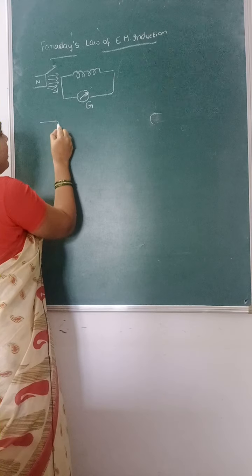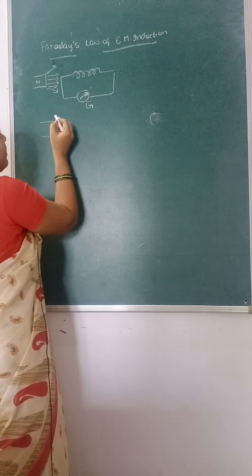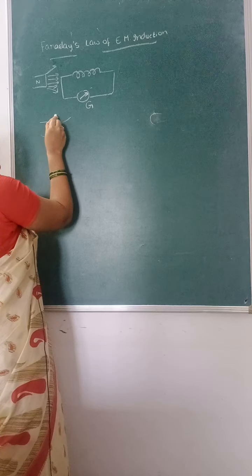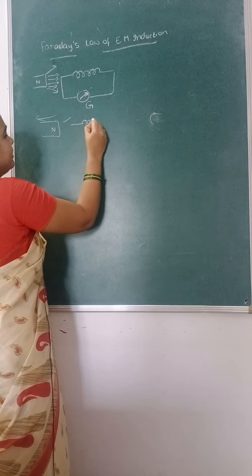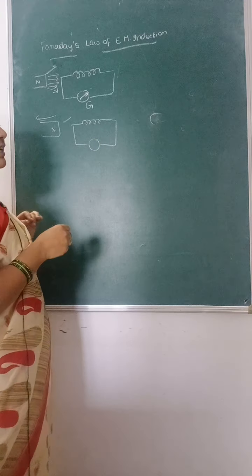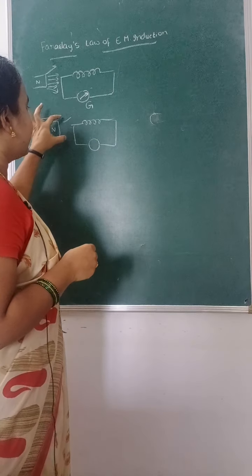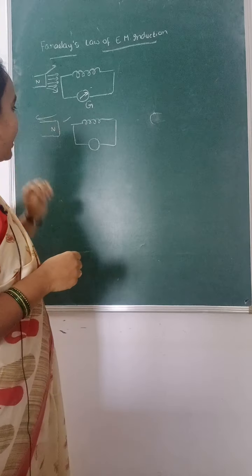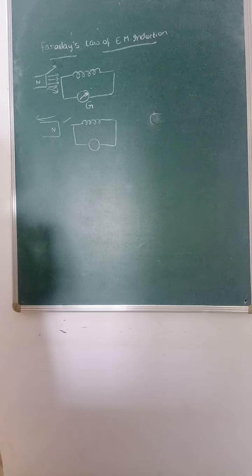If the north pole of the magnet moves away from this coil, the magnetic flux linked with that circuit, that is the number of magnetic lines per unit area, decreases.